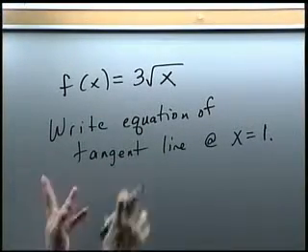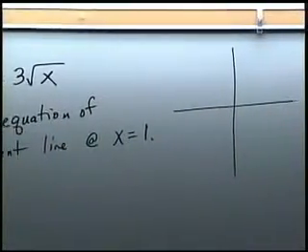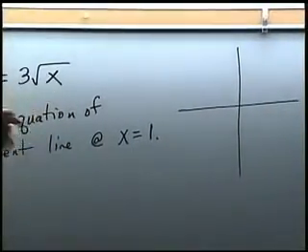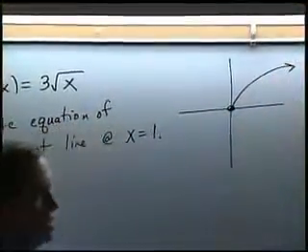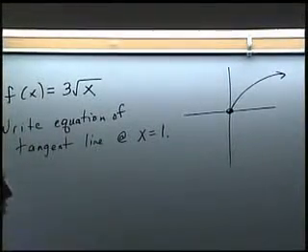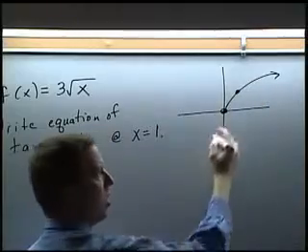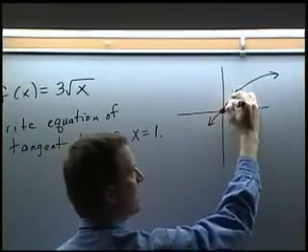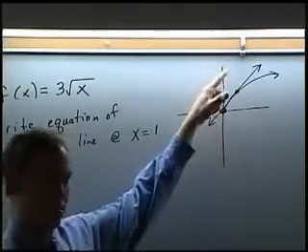In other words, just off to the side here, if I was to draw a rough sketch of 3 times the square root of x, if you plot that on your calculator, it'll look something like this. Okay, square root functions all kind of look the same. What we are after is, if we get over here to x equals 1, and we draw what's called the tangent line, in other words, the line that only hits it in one point, what's the equation of this line?